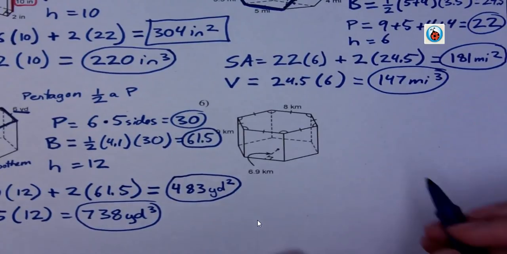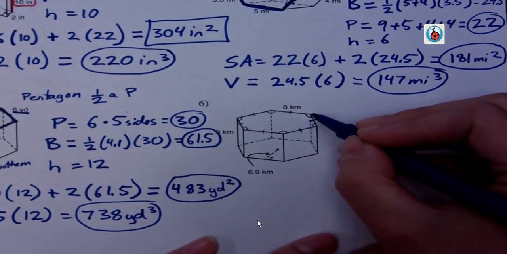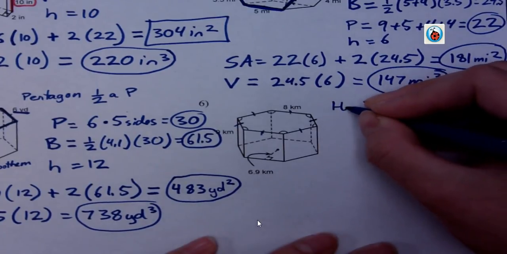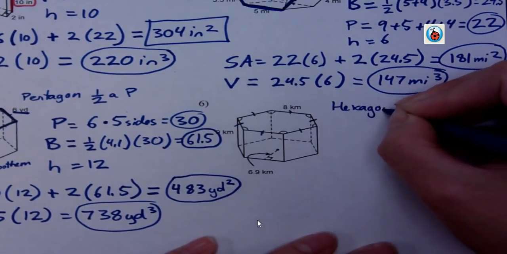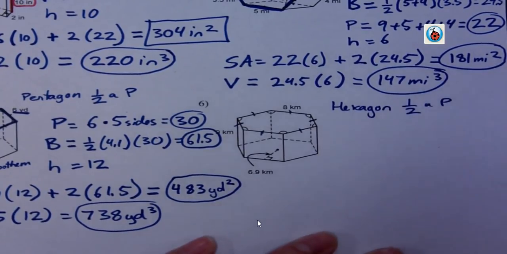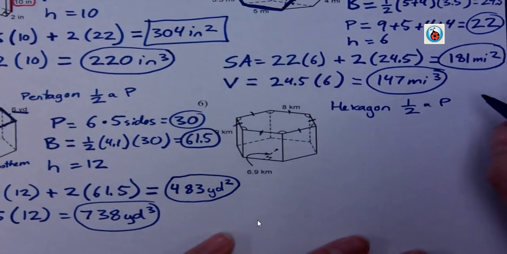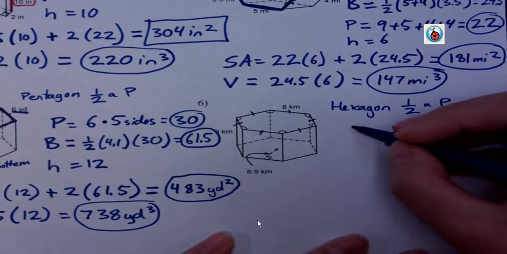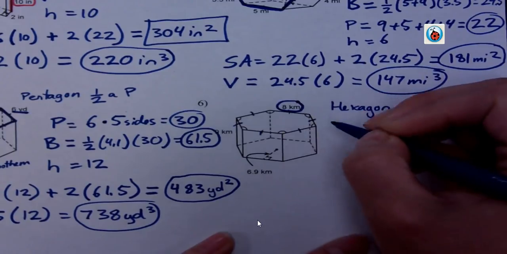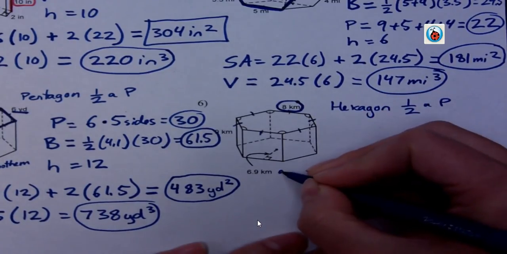Alright, so then this last one I count up. I have 1, 2, 3, 4, 5, 6 sides. So it is a hexagon. So we're using that same 1/2 apothem times perimeter. And so this one, I'm going to first find the perimeter using my side. I have my apothem down here.